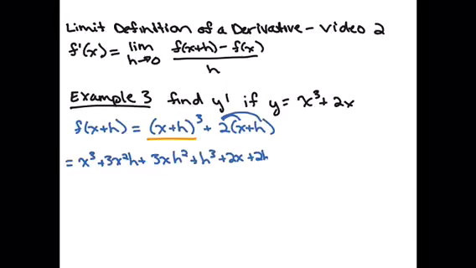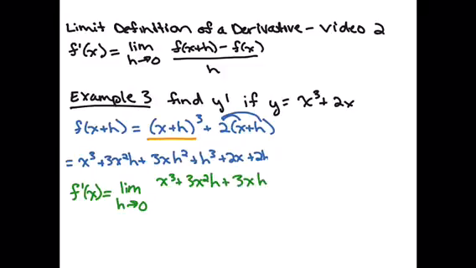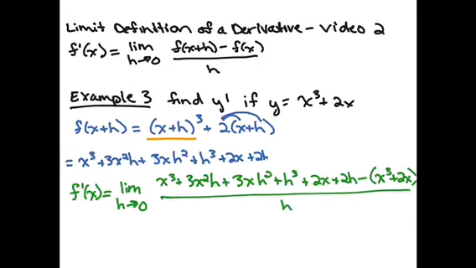Now that I have my f of x plus h, we can plug it into the formula for a derivative, which is the limit as h goes to 0 of f of x plus h, which we just found, minus the original function, which is x cubed plus 2x, all over h.